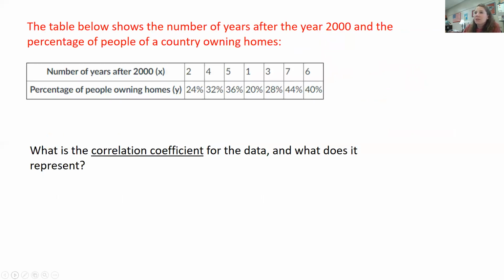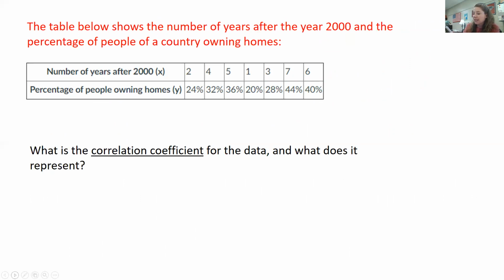The table below shows the number of years after the year 2000 and the percentage of people of a country owning homes. So the question is, what is the correlation coefficient for the data? Like Ms. Gursky told you last week, we're going to use the data button on our calculator.